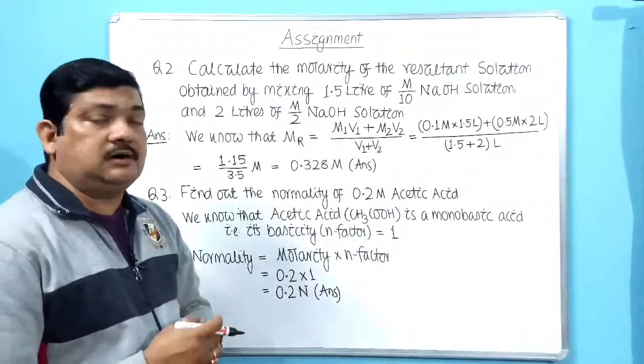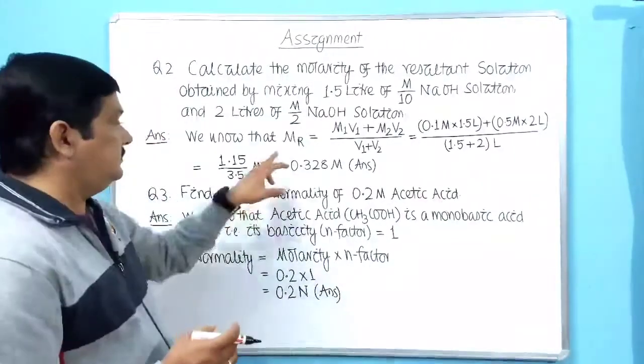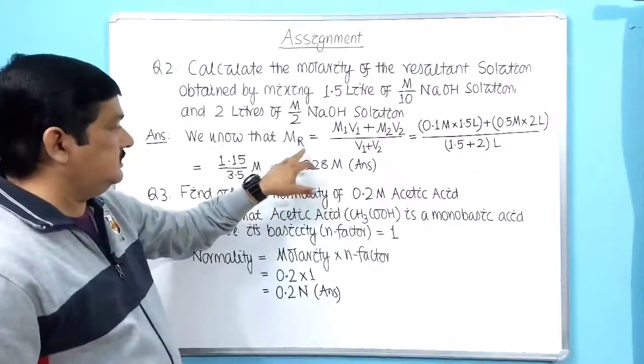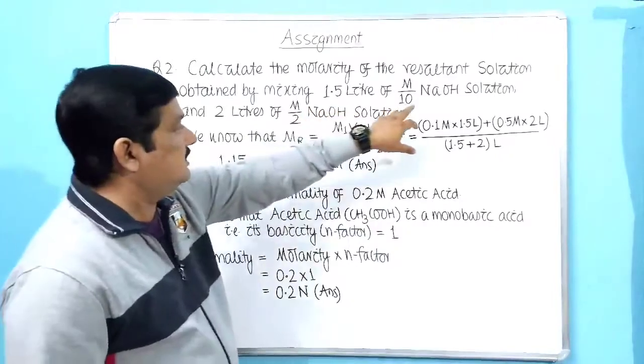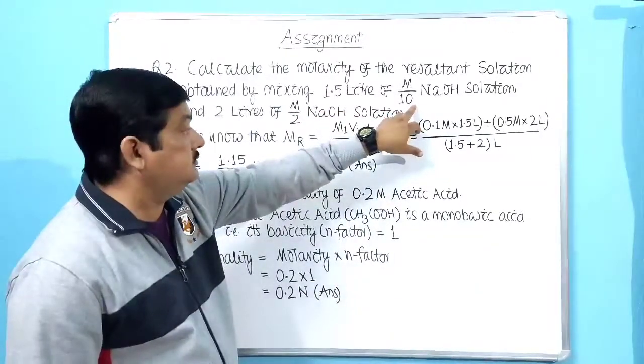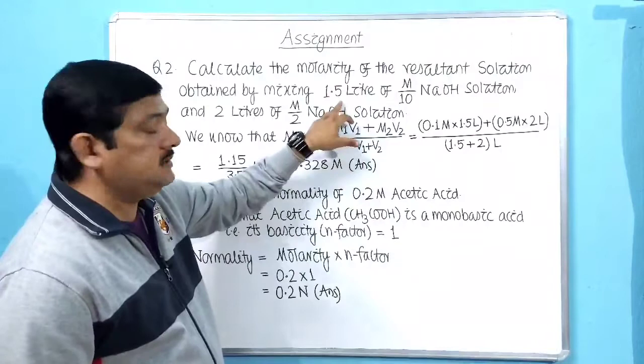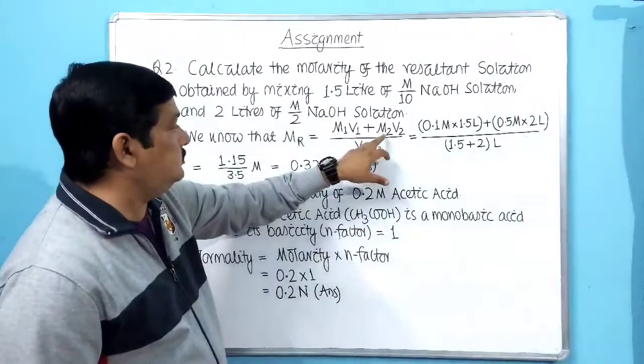So in the last class I have told you how to find the molarity of the resultant solution. The formula is: molarity of the resultant solution is equal to M1 V1 plus M2 V2 divided by V1 plus V2. What is M1 here? M by 10, that is 0.1 M, V1 is 1.5 liter, plus M2 V2.